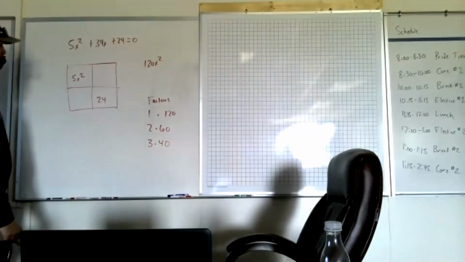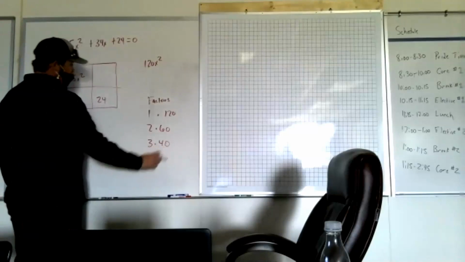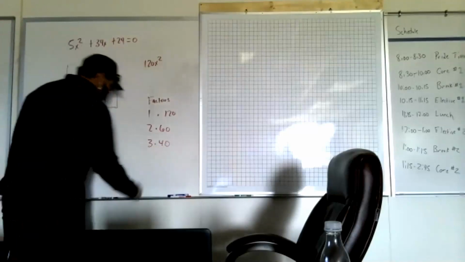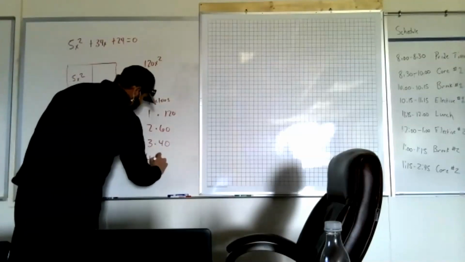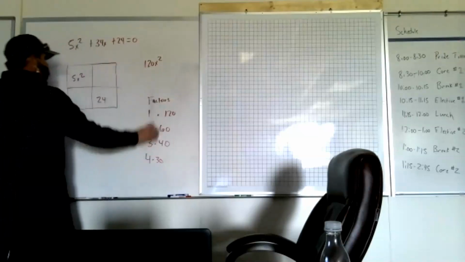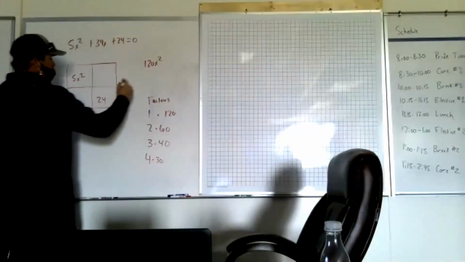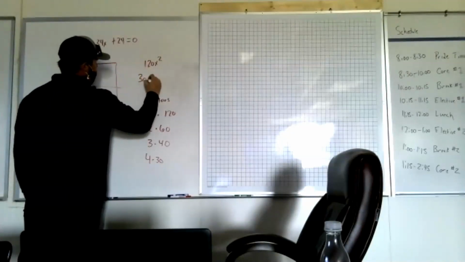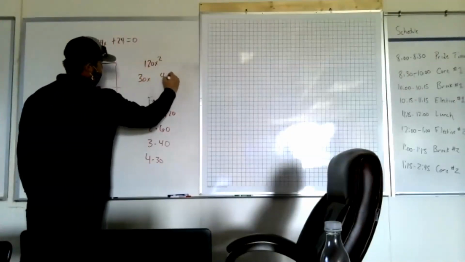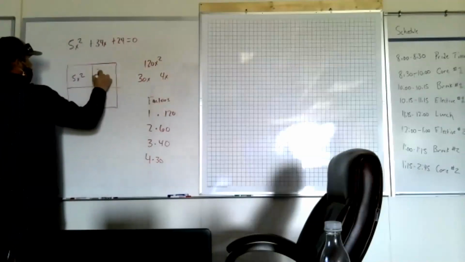That doesn't work either, because it'll add up to 37 or 43. But I'm getting closer. 4 and 30. Multiply to be a 120, will add up to be 34. Those are the ones I want to use. So I take 30x and I take 4x, and I fill out my box.